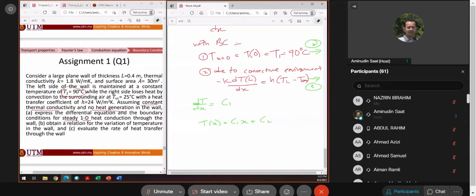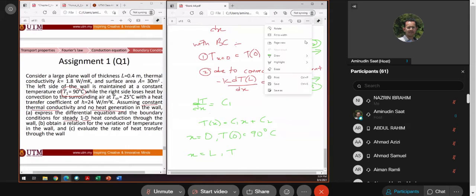So using the boundary condition, x equals 0, T0 equals 90 degrees Celsius, and x equals L. For the time being you don't need to use this; you just use the first term, the temperature at x equals 0.